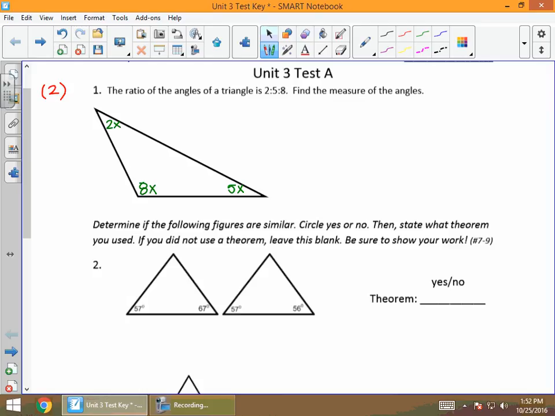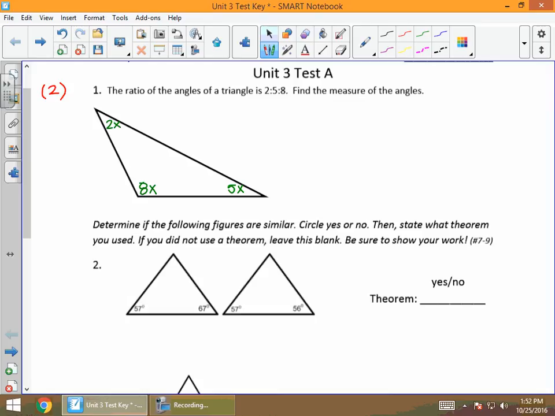That will give me my 2 to 5 to 8 ratio. Again, remember, if I multiply all 3 numbers by some common number, so let's say I double all of them, it will still reduce down to a 2 to 5 to 8 ratio. So that ratio will stay the same, 2 to 5 to 8.